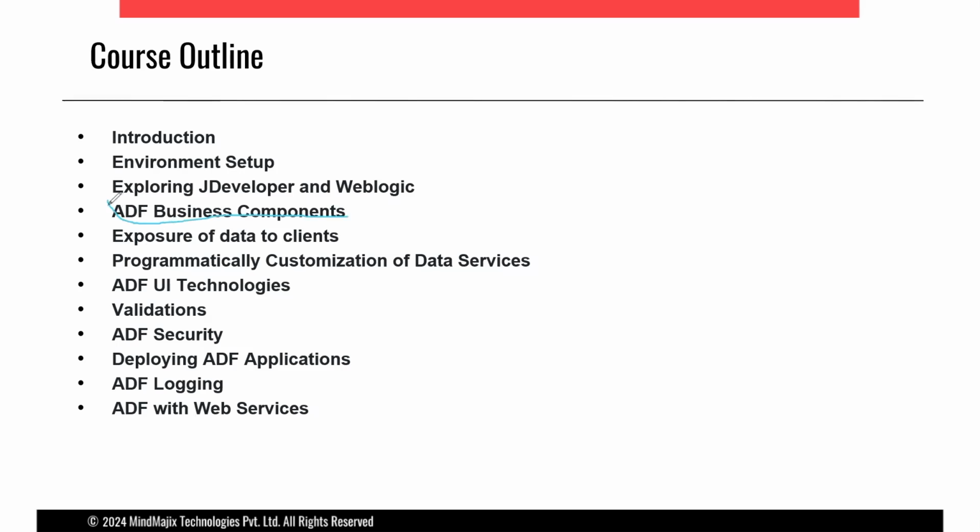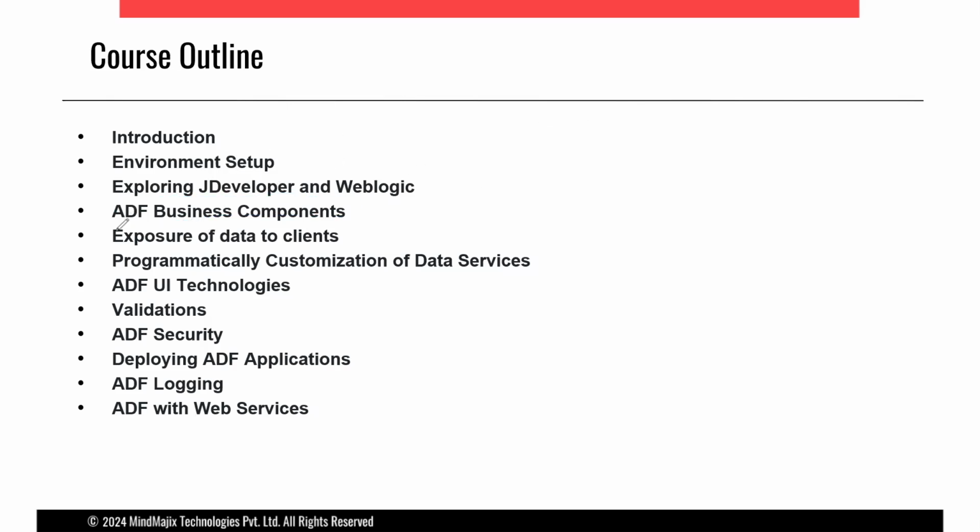In this business component, you will mainly be connecting some of the tables using different notations like entity objects and view objects. So these are different things. If we go brief about the application, how the model layer will be and how the control layer will be, then we will get to know.